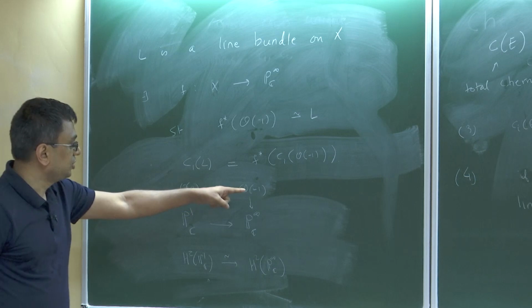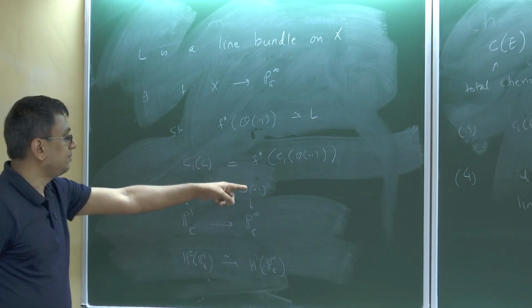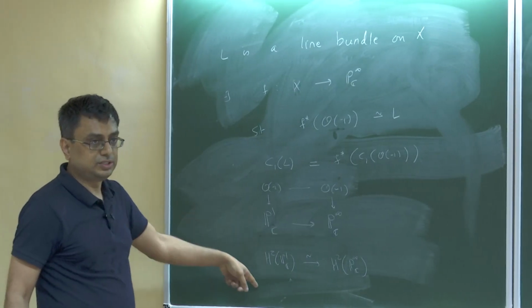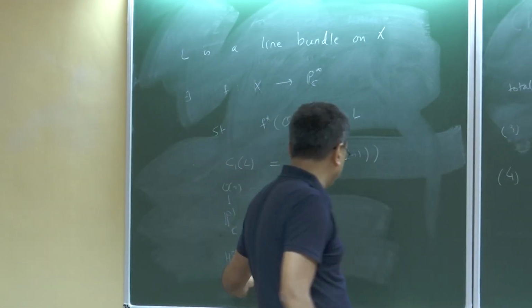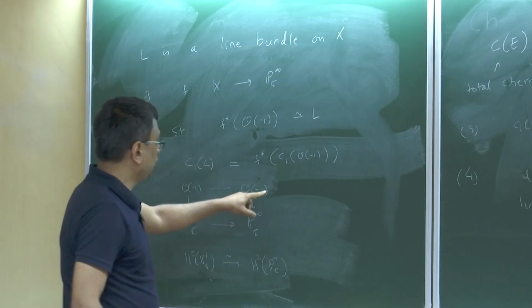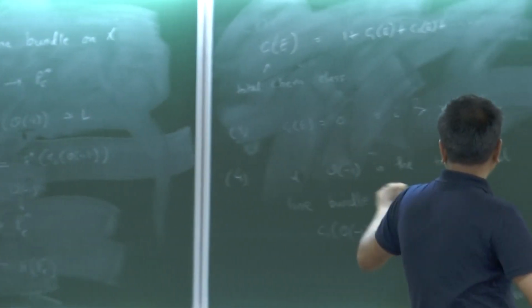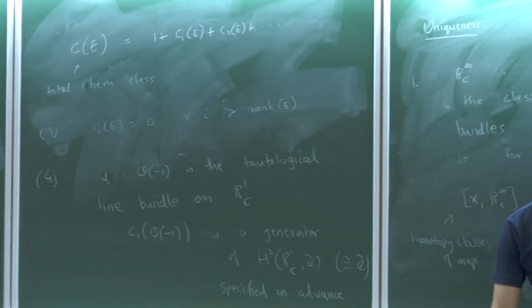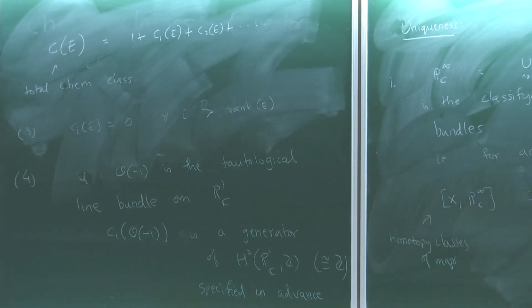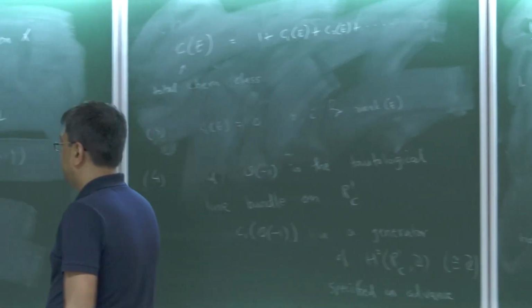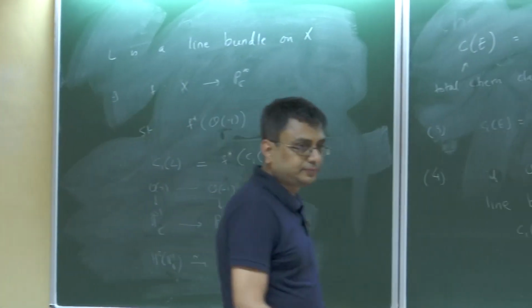So therefore, the Chern class is determined by the Chern class of the pullback to P1 C, which is our chosen generator of H2 of P1 C. So this Chern class is of course determined, or I could have just said that the Chern class of O minus 1 on P infinity C is the chosen generator of H2 of P infinity.